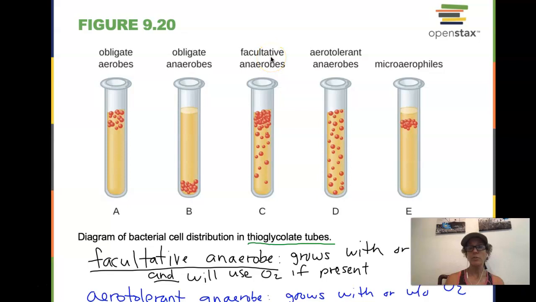Facultative anaerobes versus aerotolerant anaerobes. To be facultative means you can do with or without. So facultative anaerobes will survive without oxygen, but we can see that they do not grow as well without oxygen as they do with oxygen.